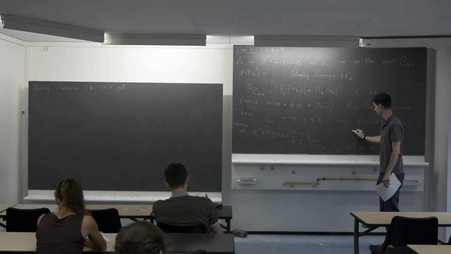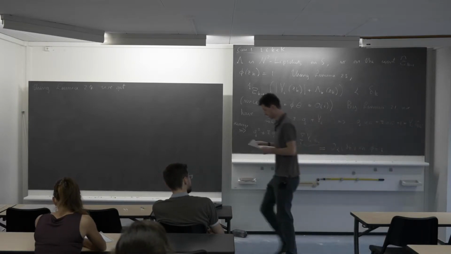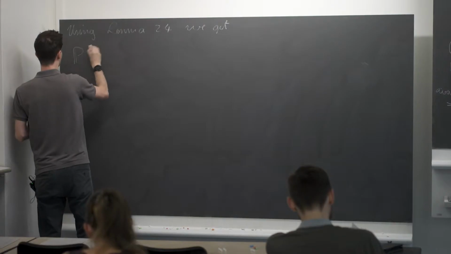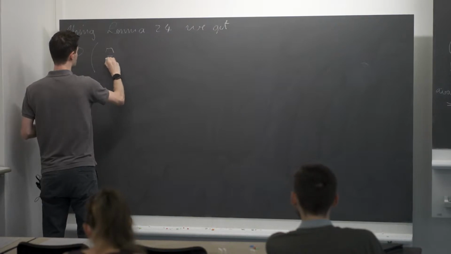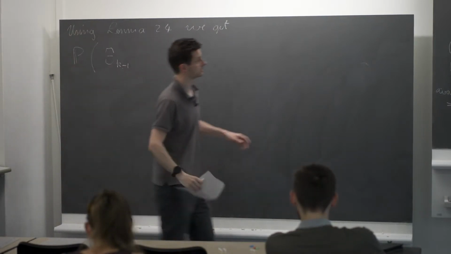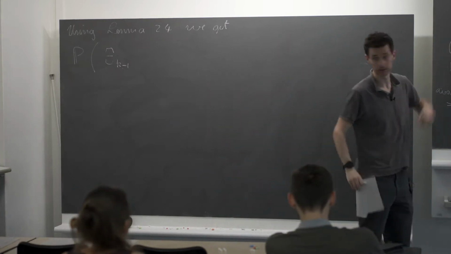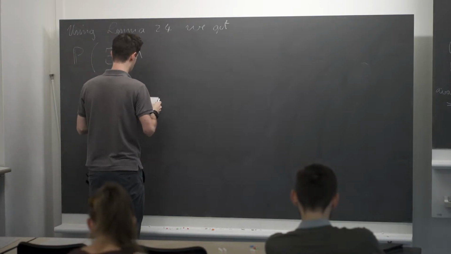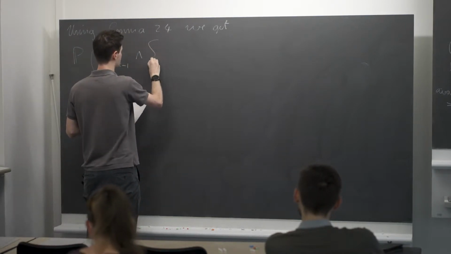I will put an n to the epsilon in here. This lemma says that, so I'm working on this event, as I was here. I'm always working on this event. If I'm on this event, then the probability that the following event is wrong.